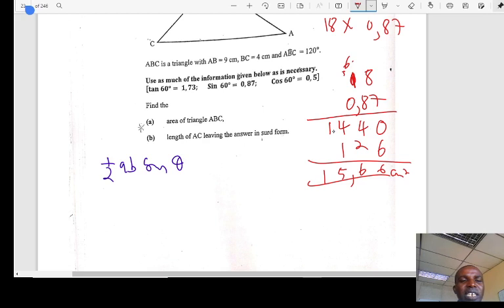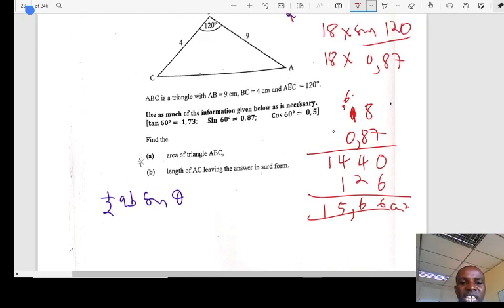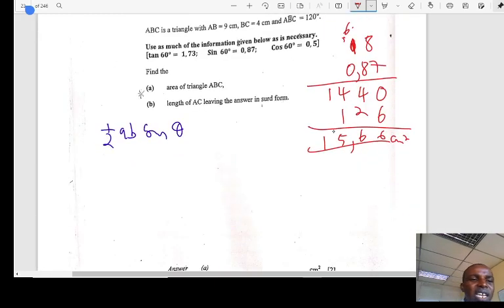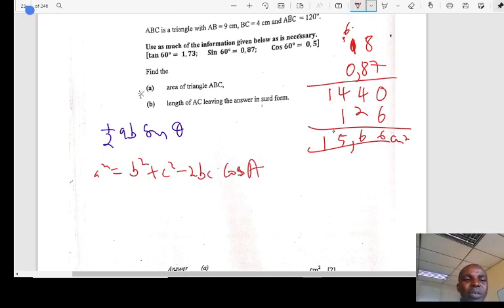Then next part B, calculate or find the length of AC, leaving the answer in surd form. You can use the sine or cosine rule, but in this case b and c are there, because by the cosine rule you say a squared is equal to b squared plus c squared minus 2bc cos A, where b and c are the sides which make up the given angle.